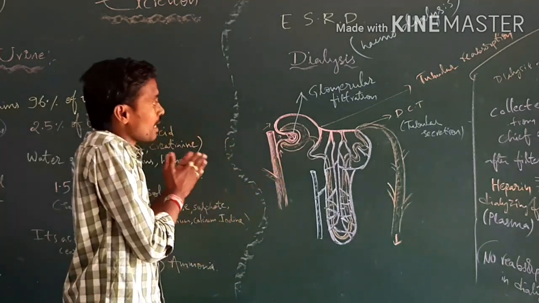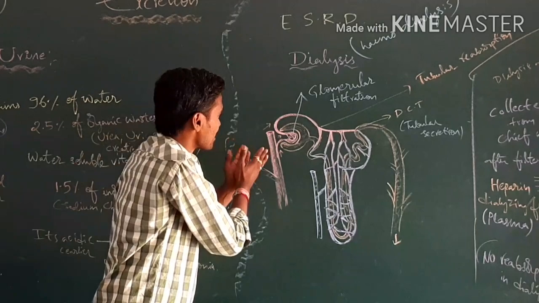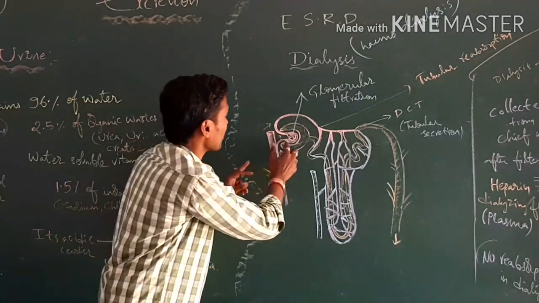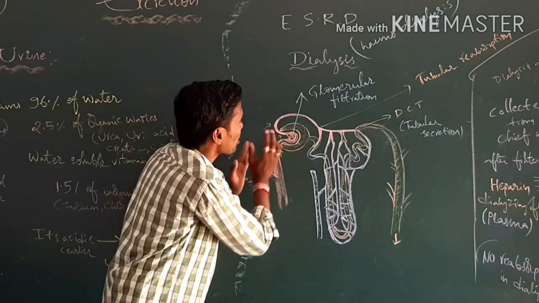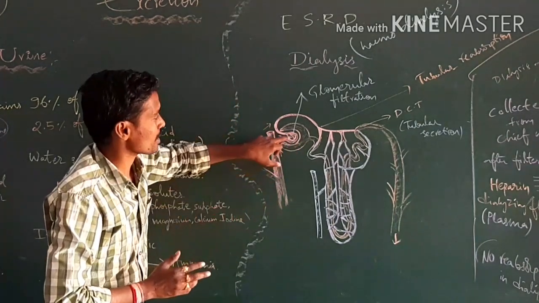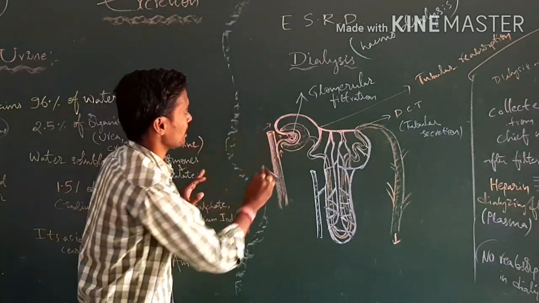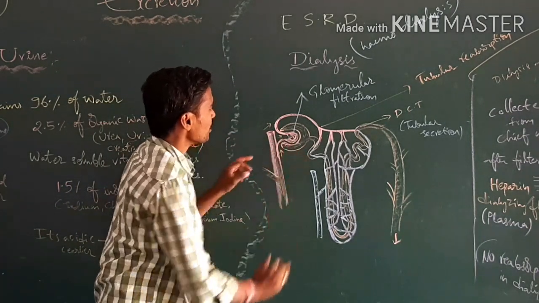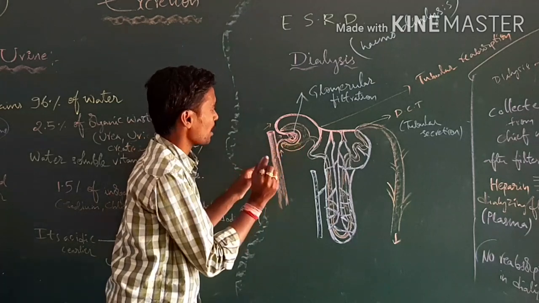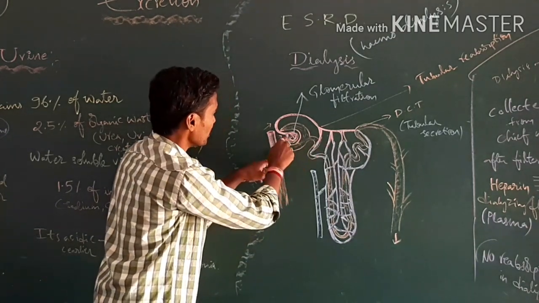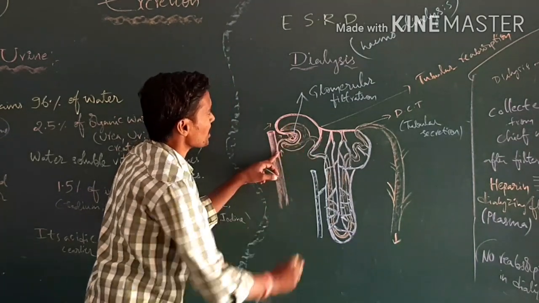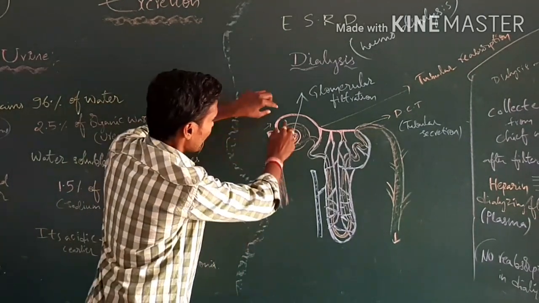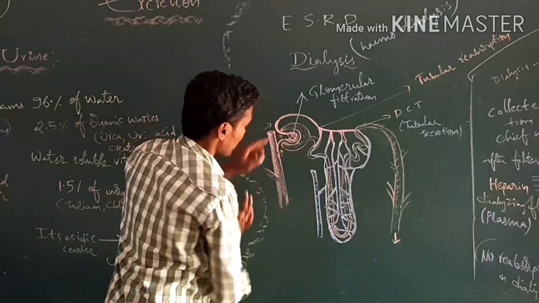Whenever the renal artery enters into the kidney, it divides and enters each nephron as an afferent arteriole and forms the glomerulus. The glomerulus is nothing but the division of the blood vessels of the afferent arteriole. Here you can observe the red color as well as the blue color.